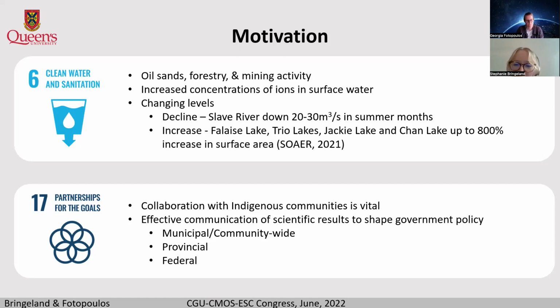We need to effectively communicate these things so that government policy can respond accordingly. And of course, this happens on a number of different levels. The Mckenzie River Basin covers several provinces and territories, so any policy that is put in place for the Mckenzie River Basin needs some collaboration as well.